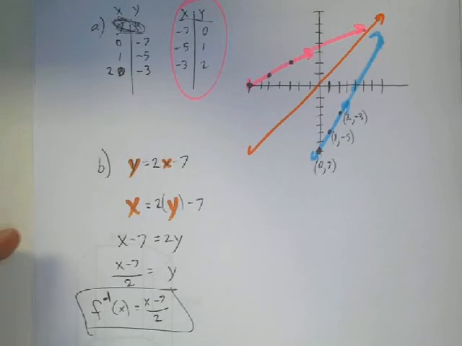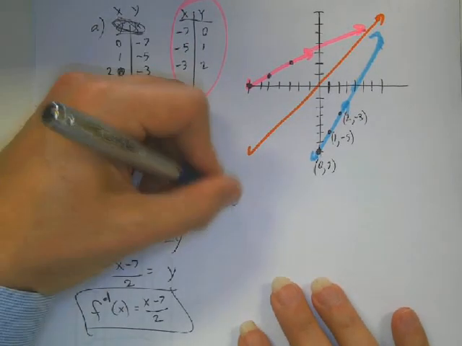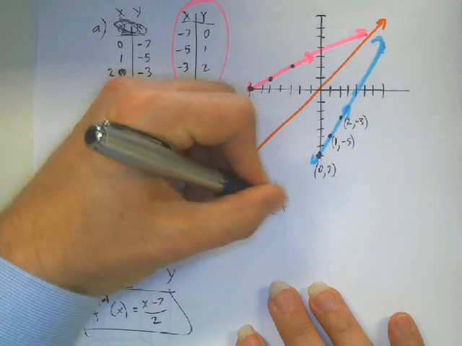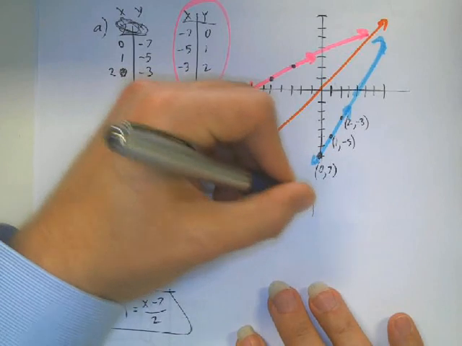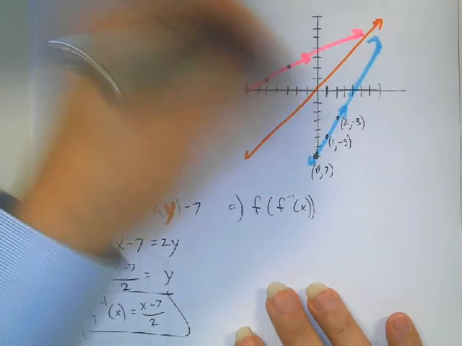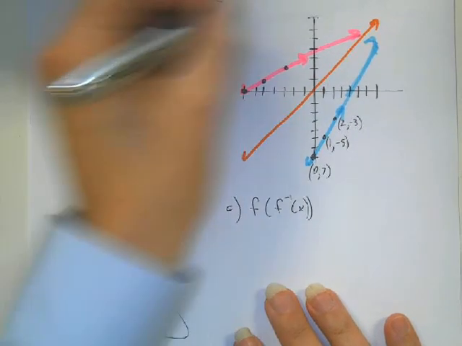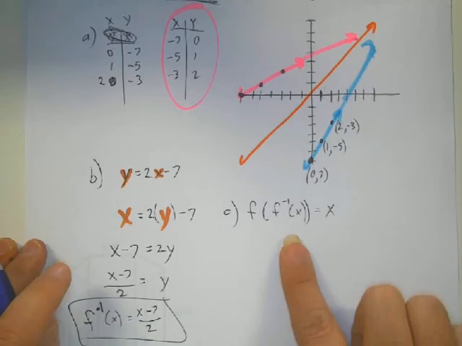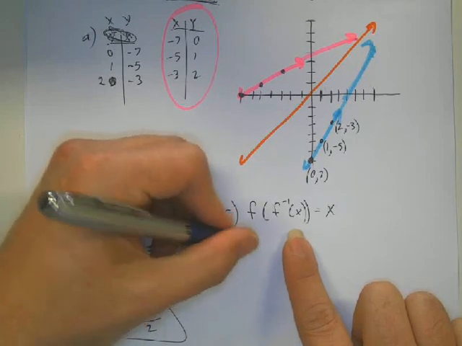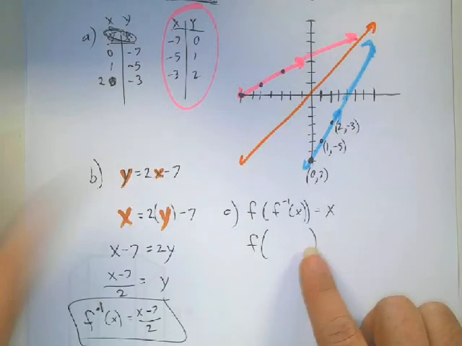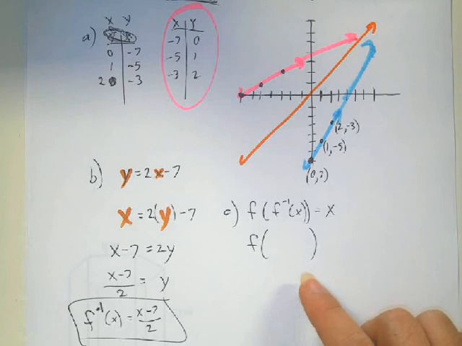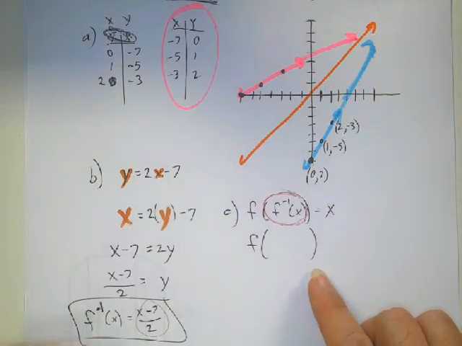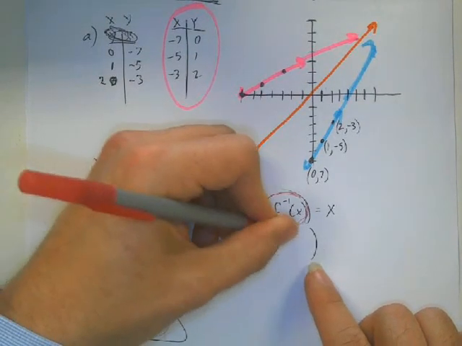Okay, question C. Show that f of the inverse of x is equal to, we're going to show that this is equal to x. Okay, so my inverse function, I'm going to replace this here with x plus 7 over 2.